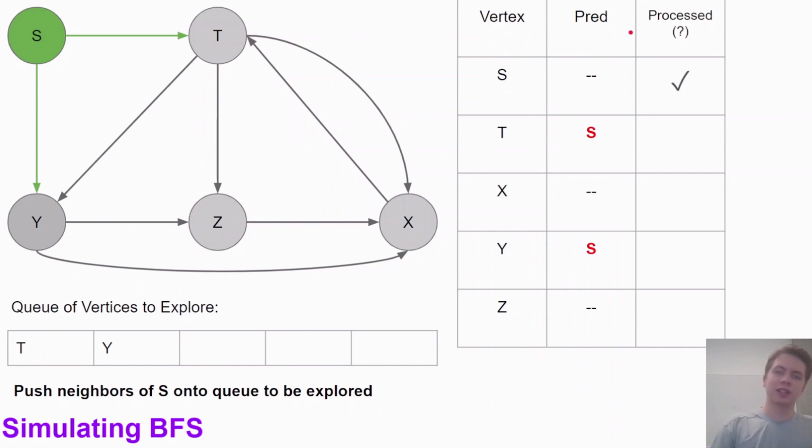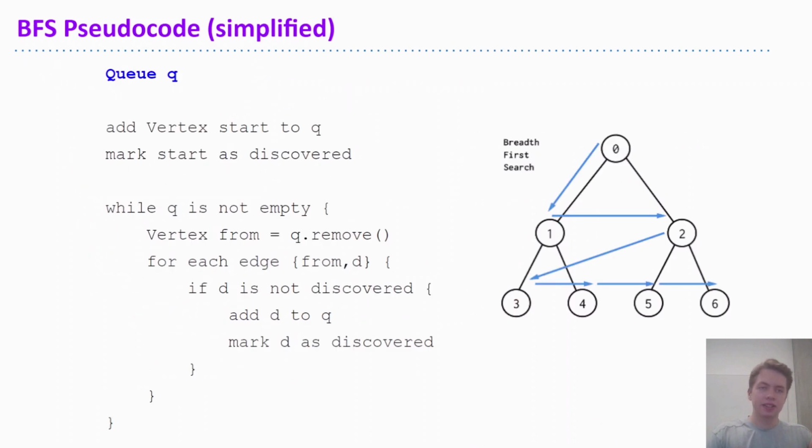Additionally, you'll also see this column called pred or predecessor, which is how we're going to form our BFS tree. If you look back at a couple of slides, this tree over here is what's referred to as a BFS or breadth first search tree. And what's really cool about this tree is that it divides nodes into levels.